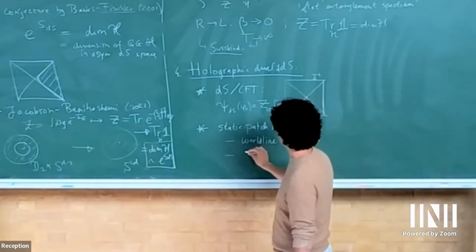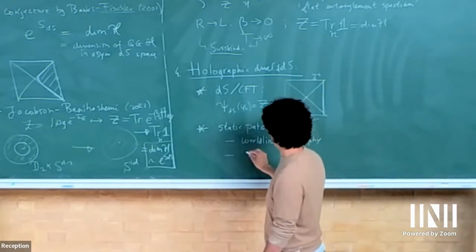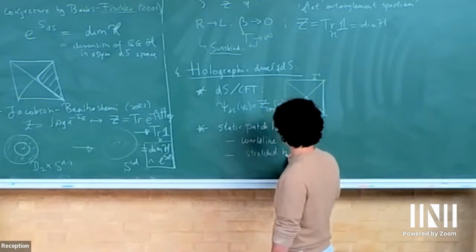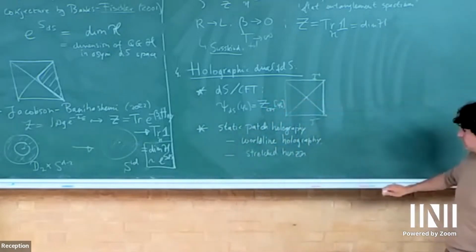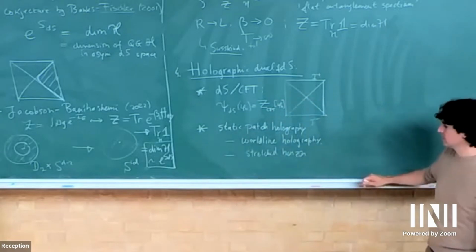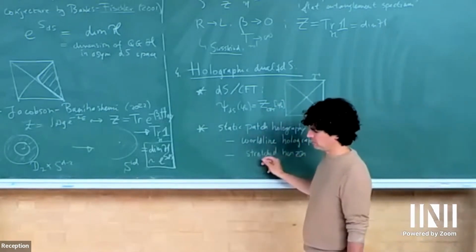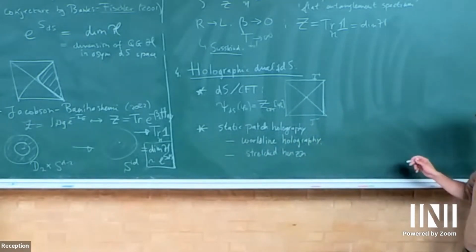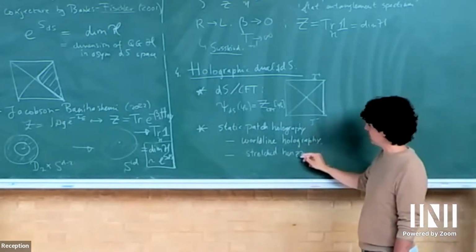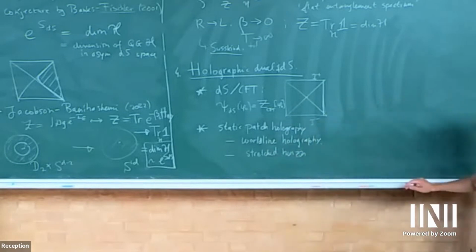Now, Susskind has proposed that the dual lives on the stretched horizon, and as I said before, this is also motivated from black holes. There is another paper by Silverstein, Dong, and company, where they also suggested this.